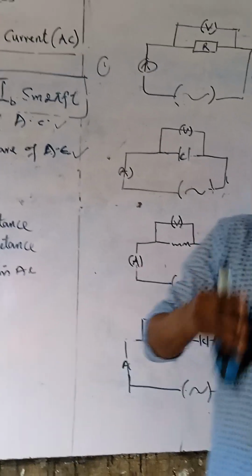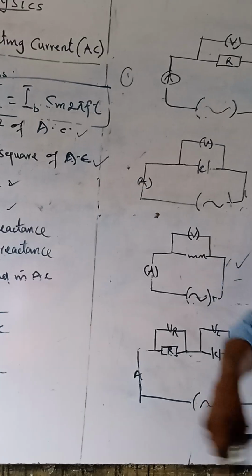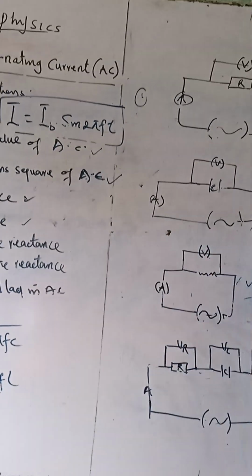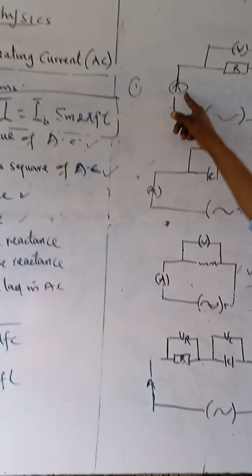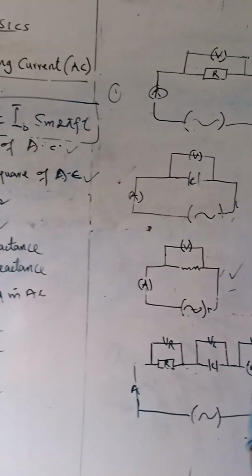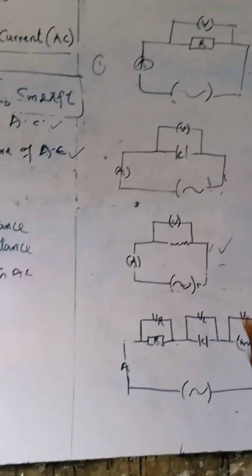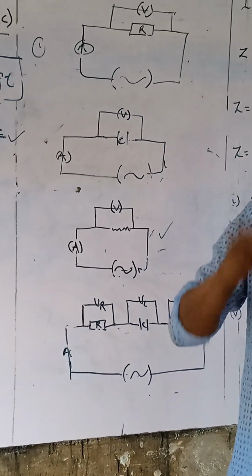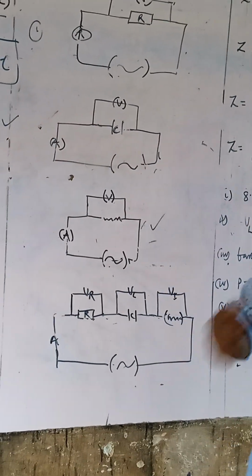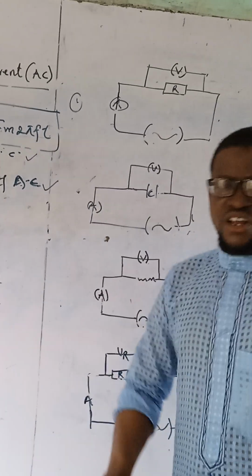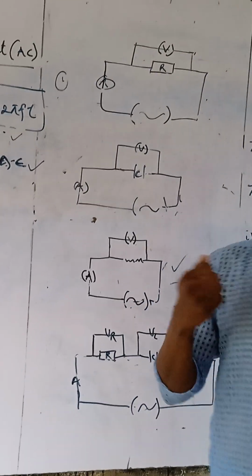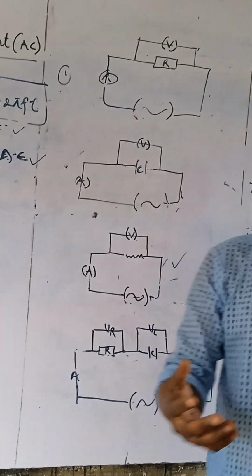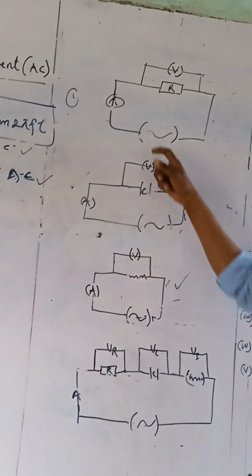Nothing must block the ammeter from the current supplier, so that you're able to measure that current directly. And the ammeter is always designed to have a low resistance, so that more current can be taken from the current supply. These are the characteristics or properties of an ammeter. Every ammeter must be designed to have a low resistance, because it's taking current from the supplier, so that you're able to take enough current.